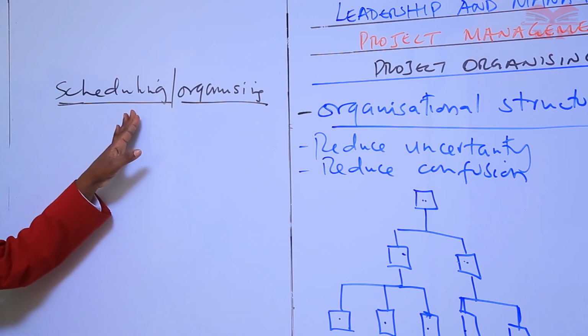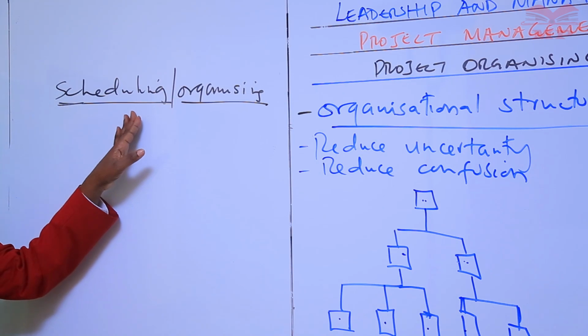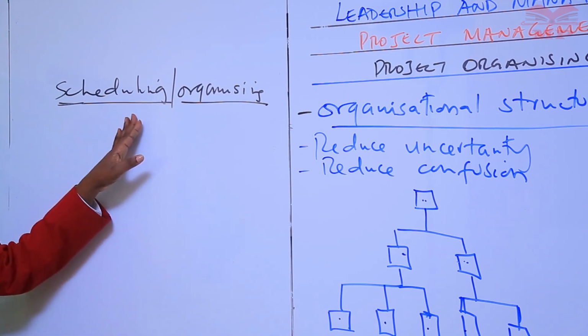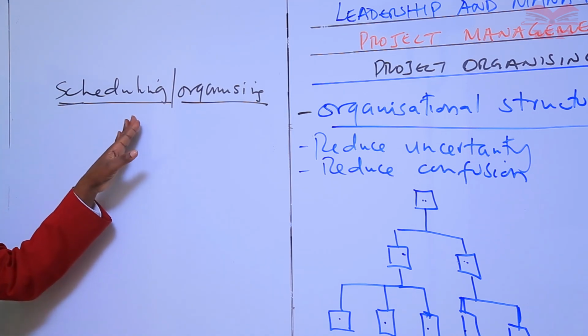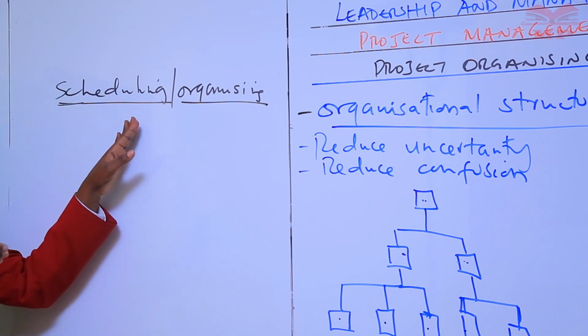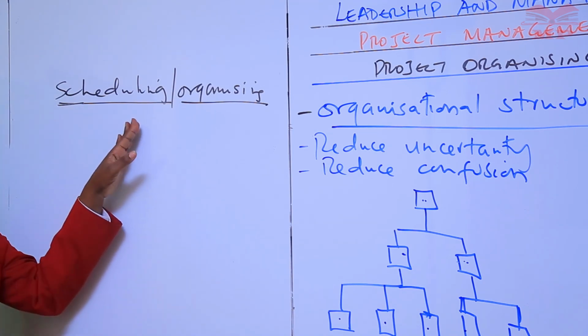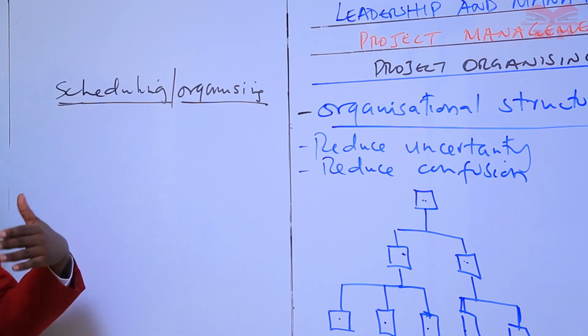Project scheduling provides a detailed plan that represents how and when the project will deliver the products, the services, and the results defined in the project scope, and it also serves as a tool for communication, for managing stakeholders' expectations, and a basis for performance reporting.